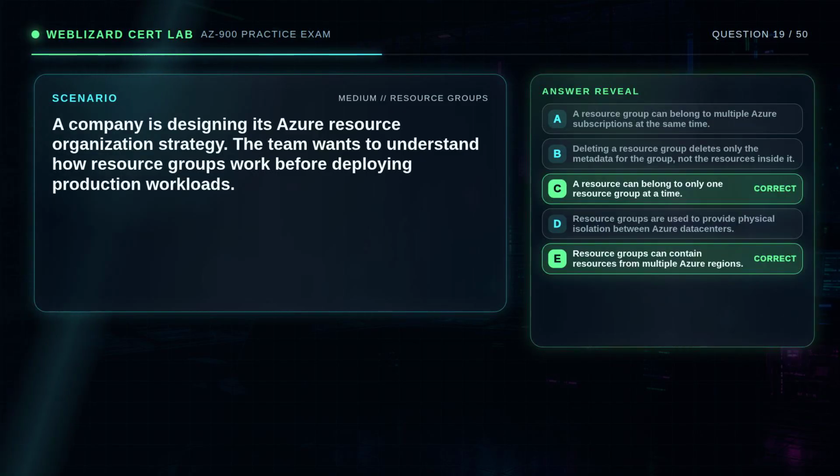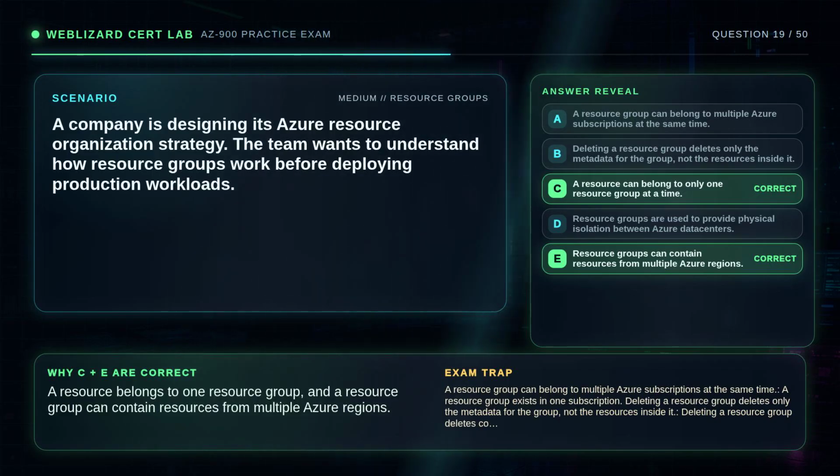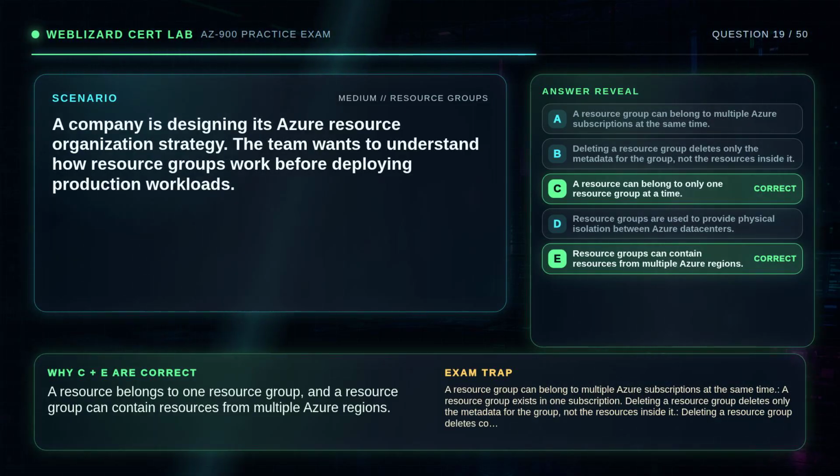The correct answers are C and E. A resource can belong to only one resource group at a time, and resource groups can contain resources from multiple Azure regions. A resource group can belong to multiple Azure subscriptions at the same time. A resource group exists in one subscription.